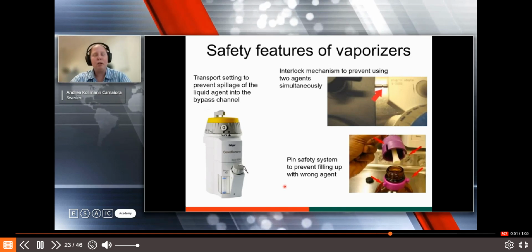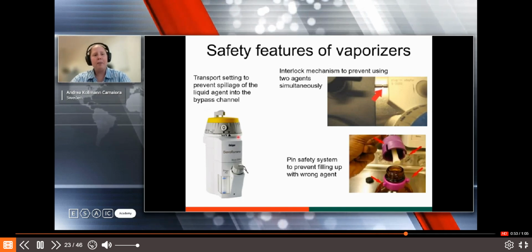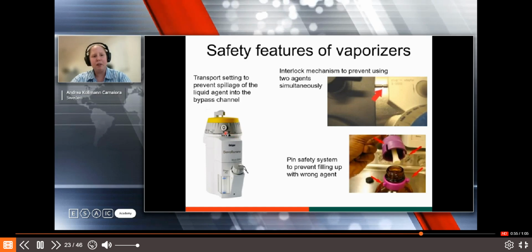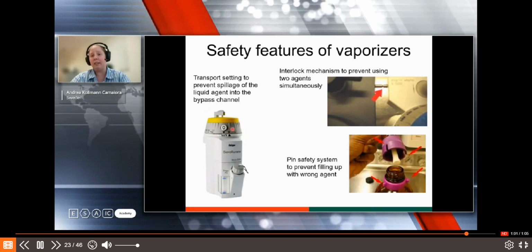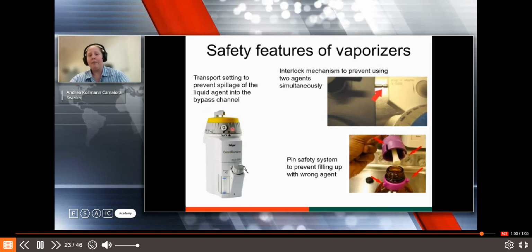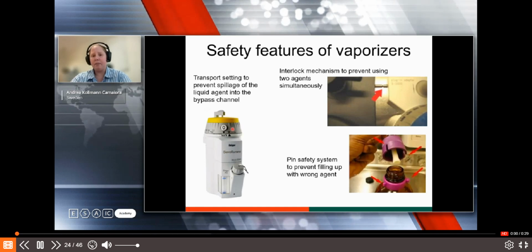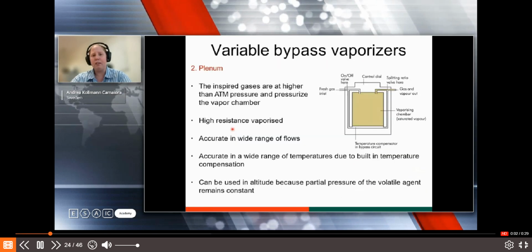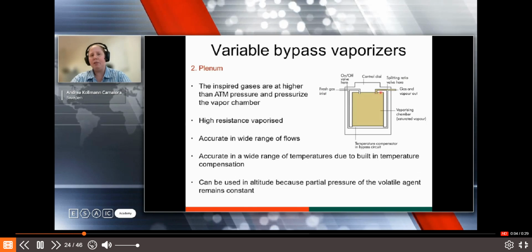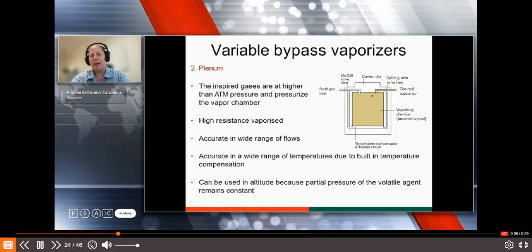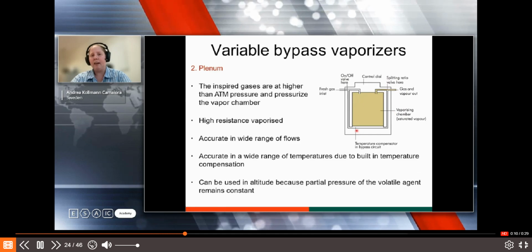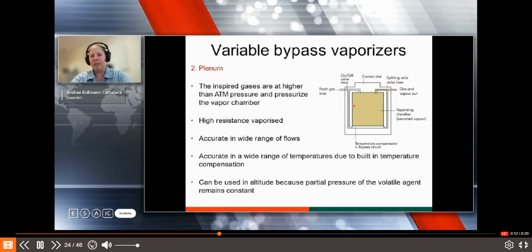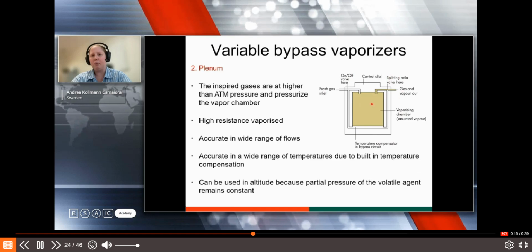But that's not true with all vaporizers. For example, some vaporizers have a special mode, you find it in the Dräger vaporizers with a T here, and it's called anti-tilting. So if you tilt it, nothing happens. But going back a few slides, if you don't have a valve here and you tilt this vaporizer, then the anesthetic gas will come into this part of the circuit.